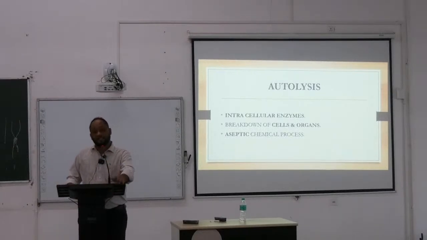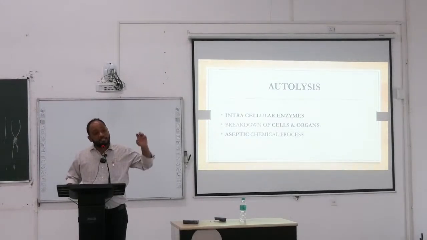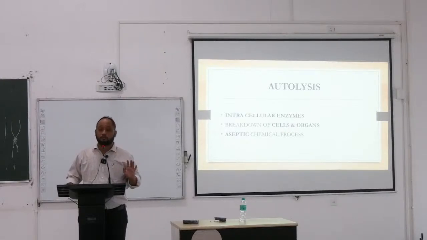Now, what is autolysis? Once the cell dies, the cell membrane becomes permeable. The cell membrane breaks down. Inside the cell, that is inside the cytoplasm, there are proteolytic, glycolytic and lipolytic enzymes. These enzymes come out into the extracellular space. Now these lytic enzymes break down the other cells and tissues.